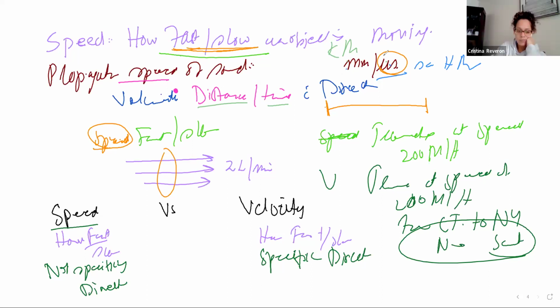So that's going to be your speed. But when that speed is combined together with direction, that becomes velocity.